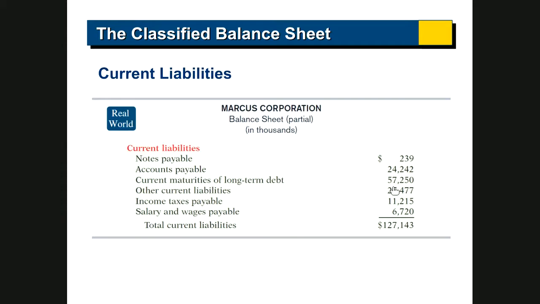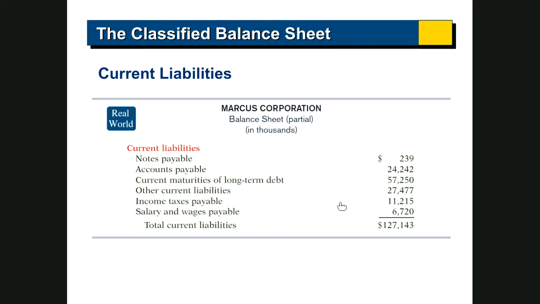Okay, very good. Yes, Mr. Muhammad, go ahead. It means currently we have to pay 57,250. But the loan is bigger than that amount already. That is right. This is due within 1 year, so within 12 months.